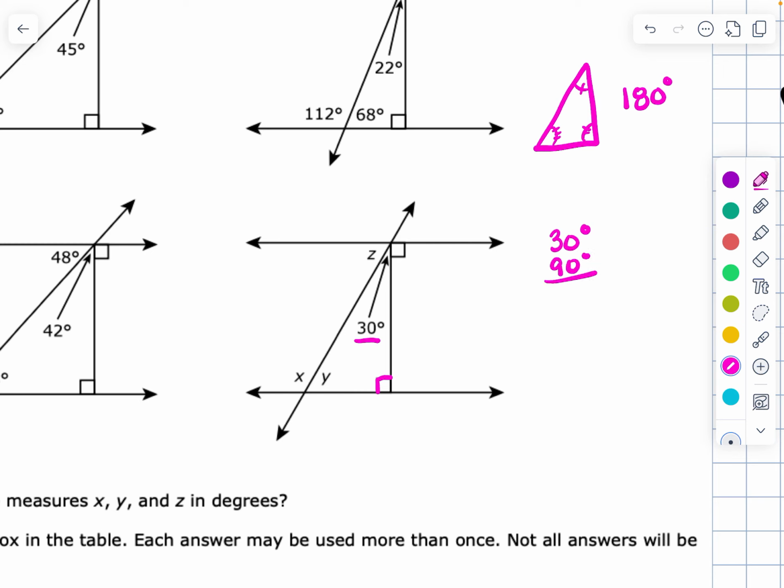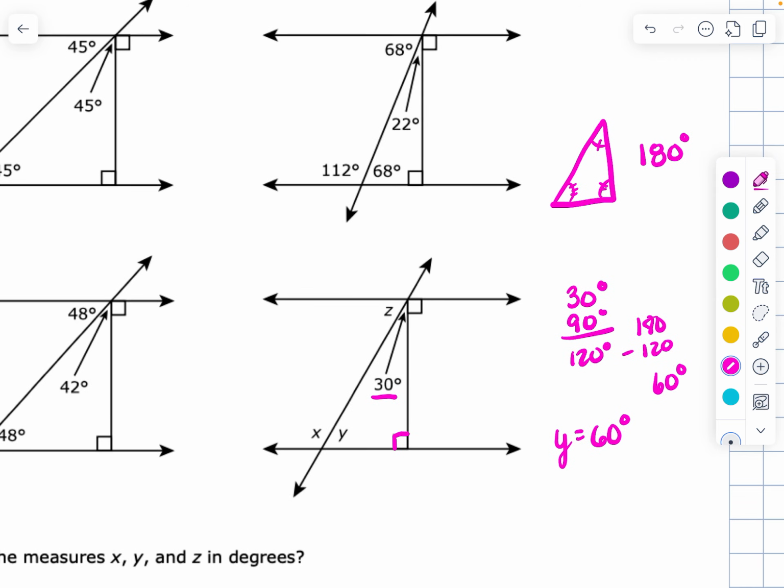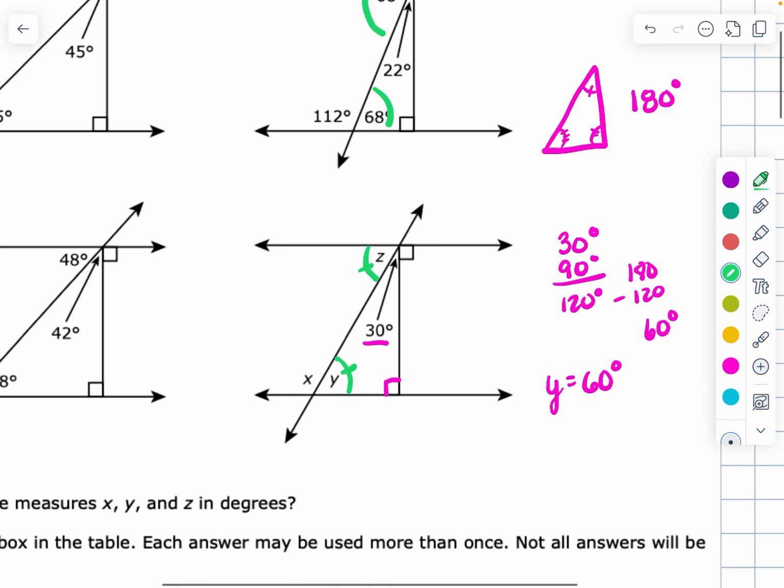So that equals 120 degrees. So we know that last one is 180 minus 120, and that gives us 60 degrees. So we know that y is equal to 60 degrees. We have one of our answers. And because they showed you all of these other ones, z is equal to y, so we know that z is also equal to 60 degrees.